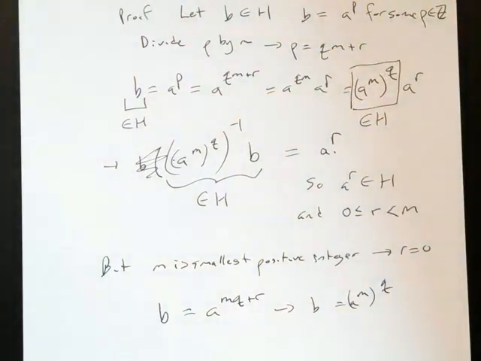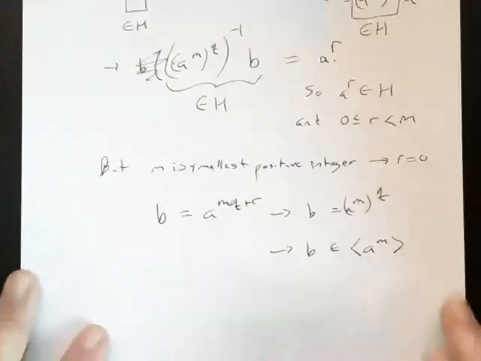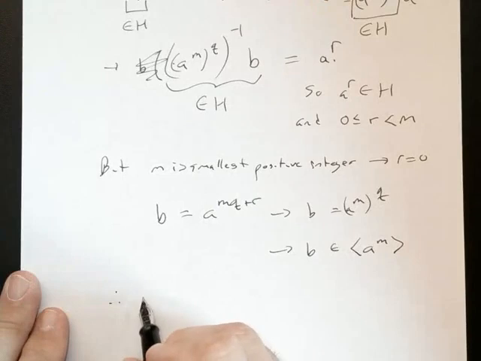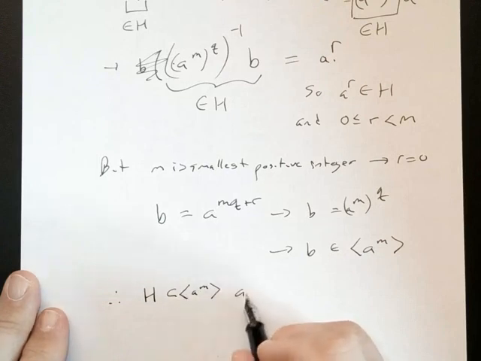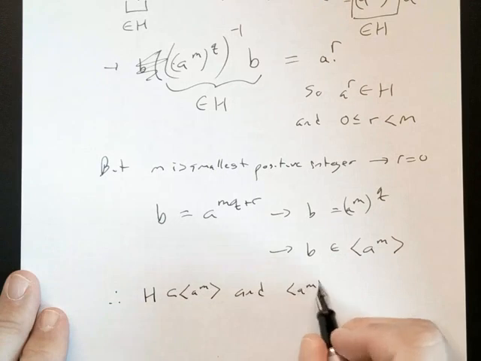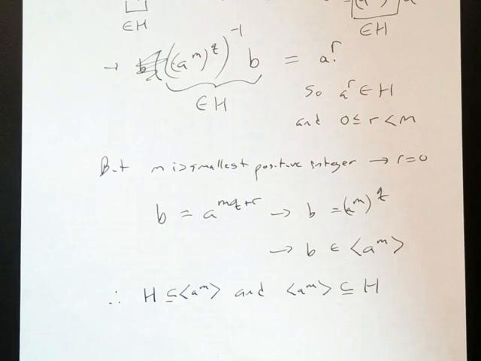It's generated by A to the M. And that means that all of H is inside the set generated by A to the M, and A to the M is inside the set H, and the only way to have that is for those two to be equal.